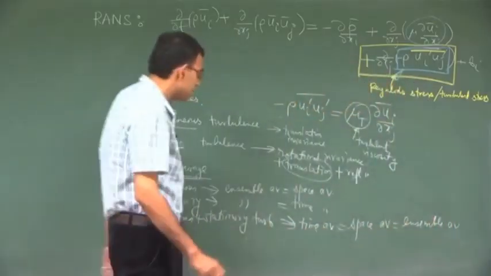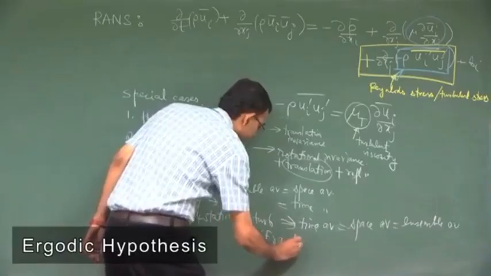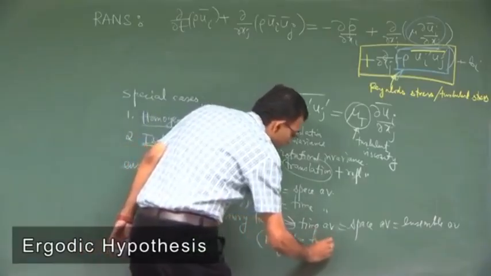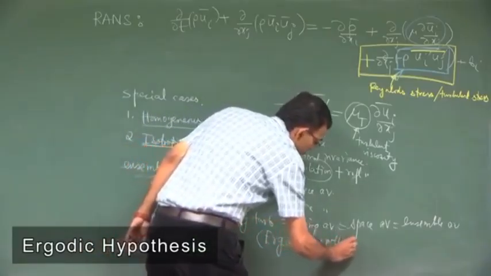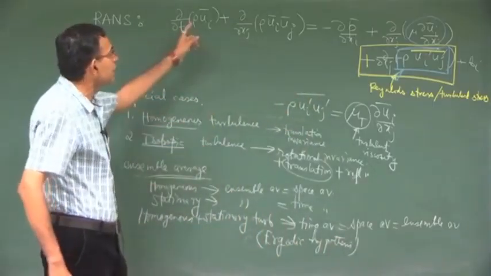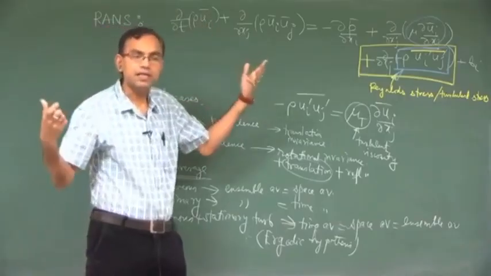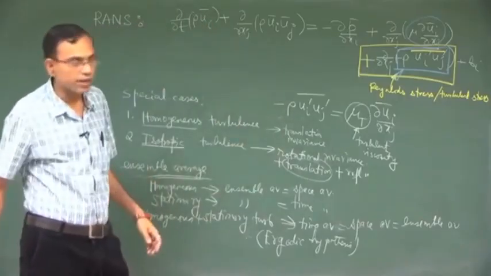This is known as the ergodic hypothesis. So if this ergodic hypothesis is satisfied, the averaging that you put in this equation could be time average, space average, ensemble average, whatever it is.